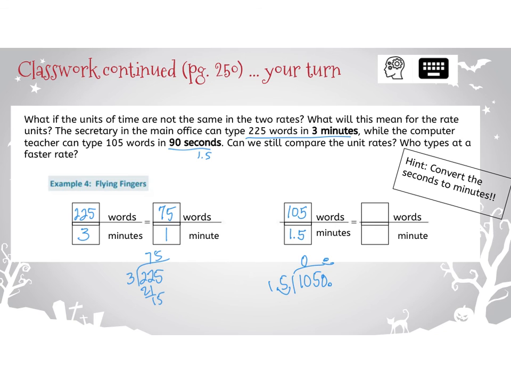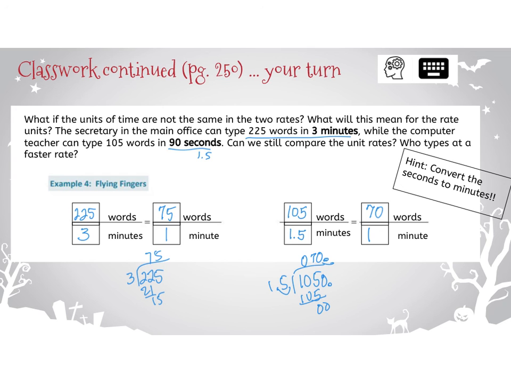So how many 15s are in 1050? If I go 7, that's 105. Oh, that works out perfectly. So that is 70 words in 1 minute.